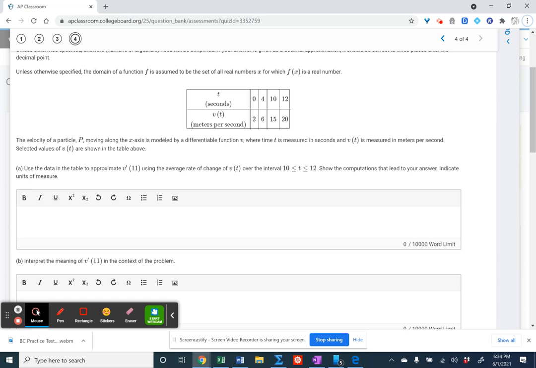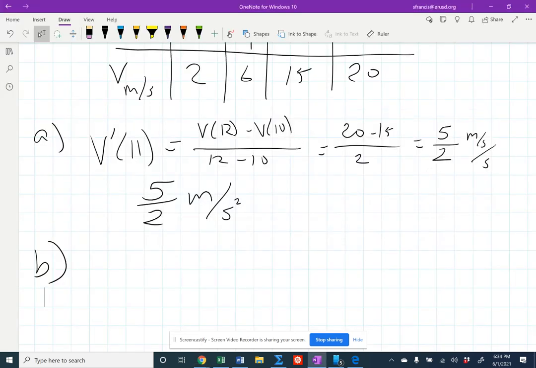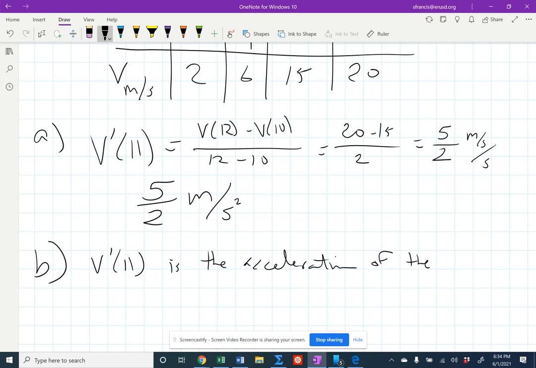Well, it'd be easier, but anyway, v prime of 11 is the derivative of the velocity, so this is the acceleration of the object, or of point P, at t equals 11. I'm going to put seconds down there.